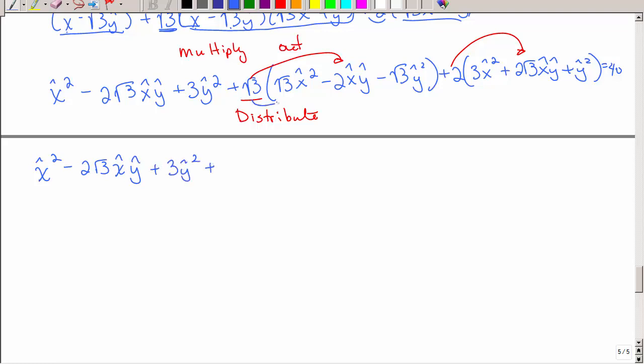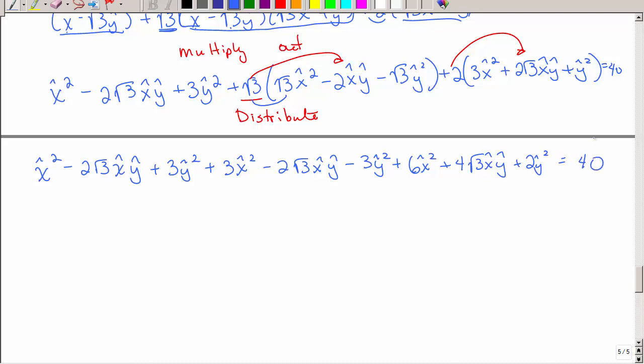Okay, so as I distribute, square root of 3 times the square root of 3 is 3. Same thing here. Then distributing the 2. Now, before you start collecting any other like terms, look at everything that has an x hat and y hat multiplied together.